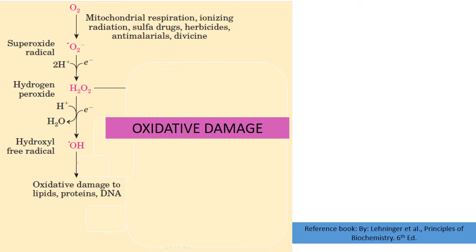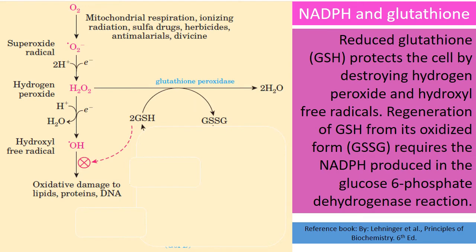So if there is no control mechanism or countering mechanism for these free radicals, the cell gets destroyed. Now look at this. There is an inhibitory sign or cross sign on hydroxyl free radical and their oxidative damage. And this control is due to the presence of reduced glutathione.